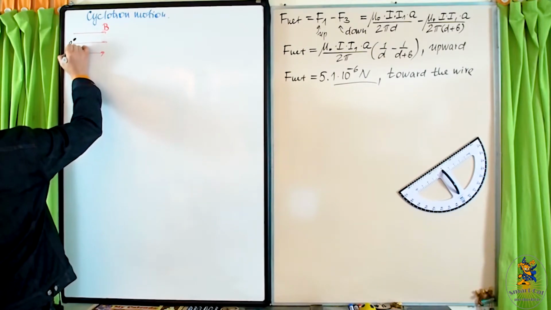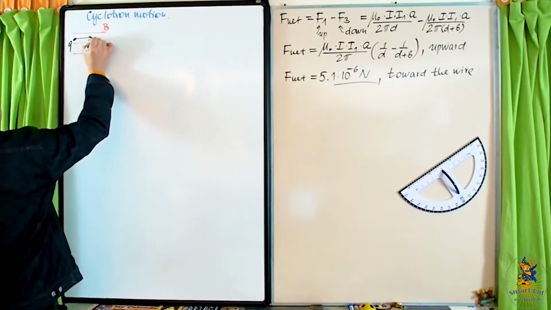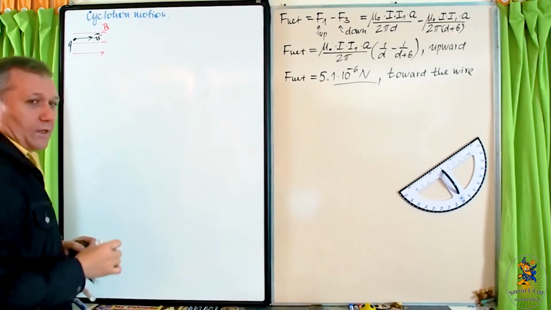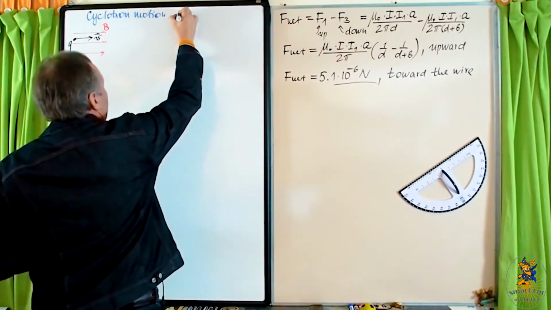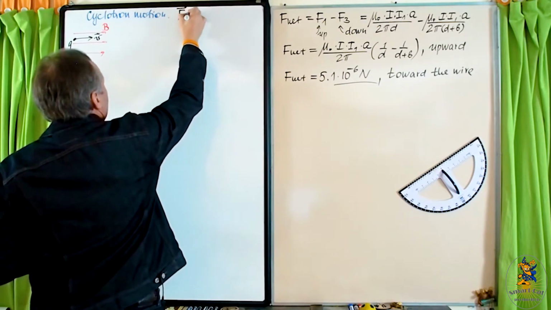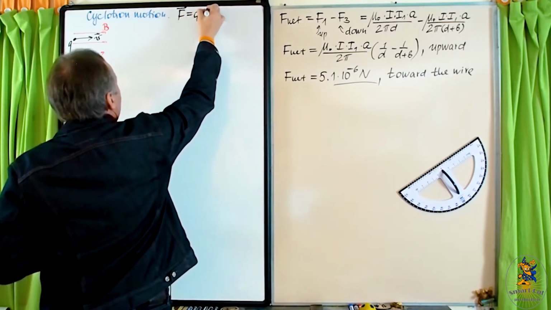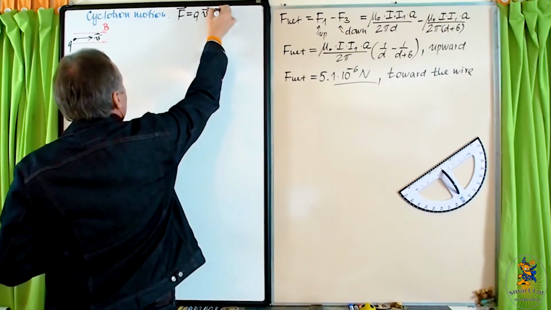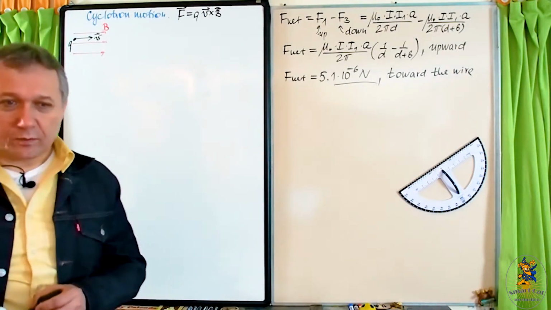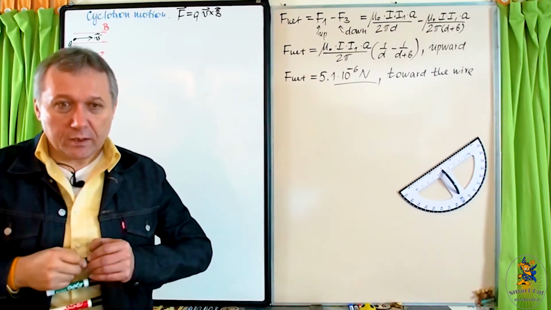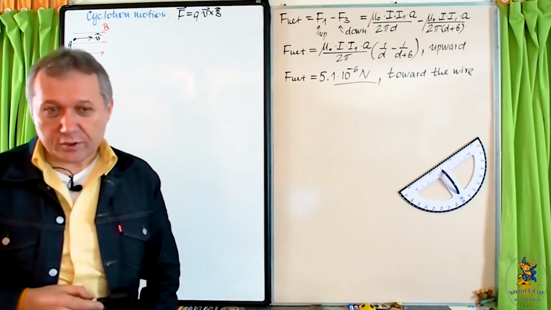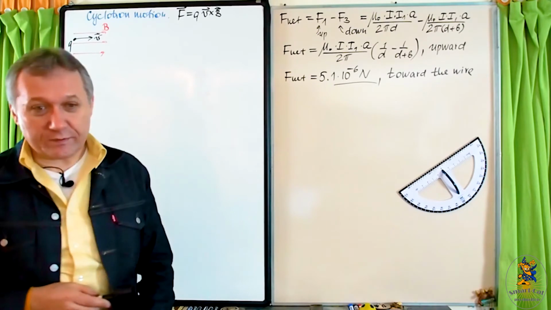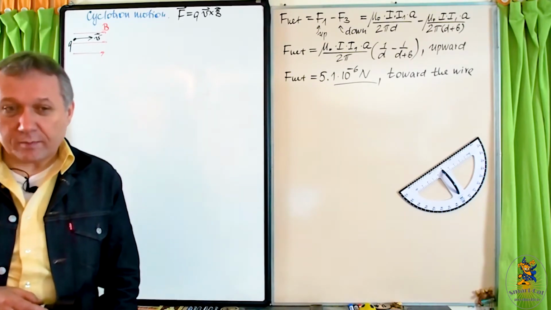So let's say charge Q, and it flies this way, V. And of course, let me write down the force which we have to use, Q V cross B, the universal, fundamental formula which allows us to calculate the force which a charge experiences if it's exposed to a magnetic field.